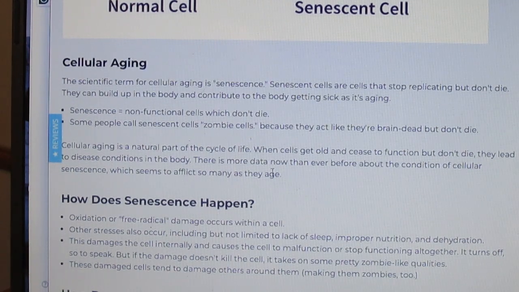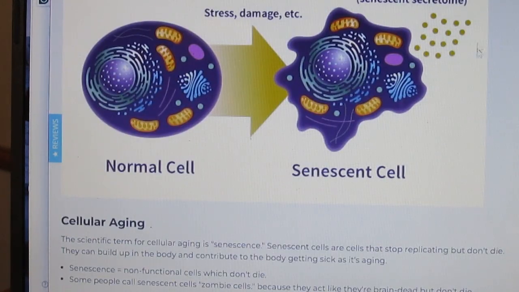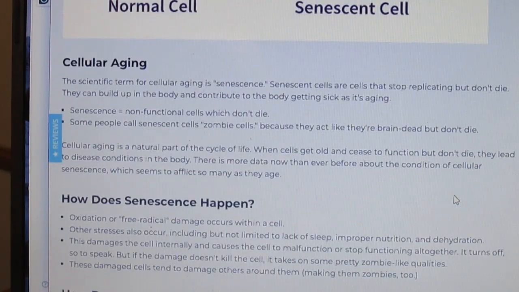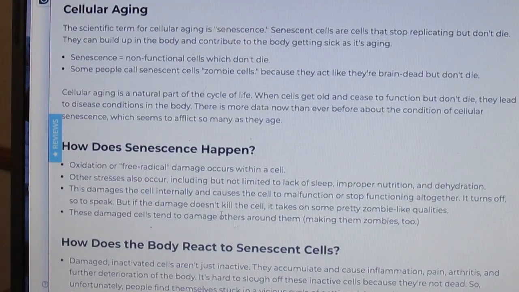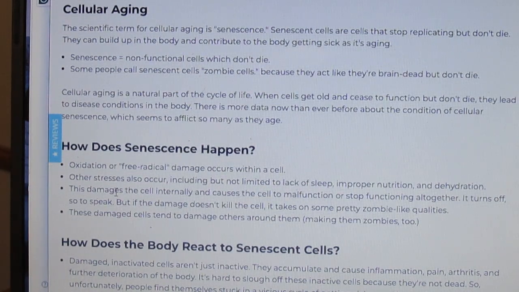Now, when cells get old and cease to function and don't die, they become these senescent cells and they give off secretions which trigger inflammation. How they get damaged in the first place, we ought to talk about for a second. You have oxidation, which is free radical damage that happens within the cell.